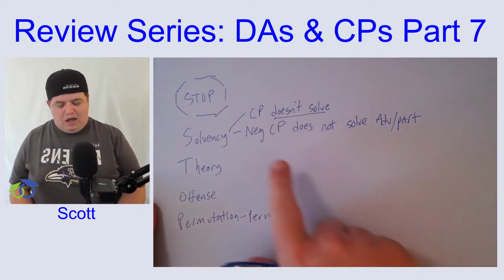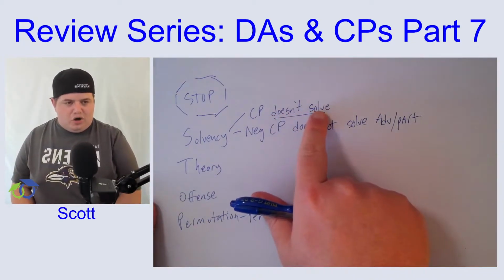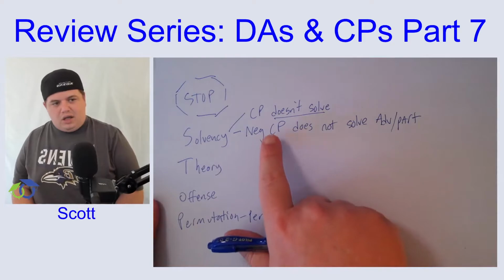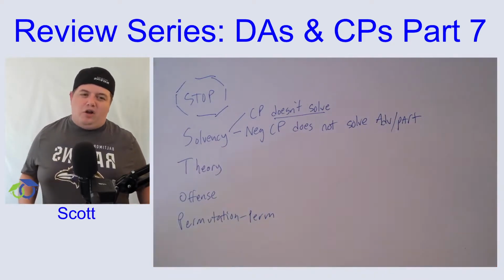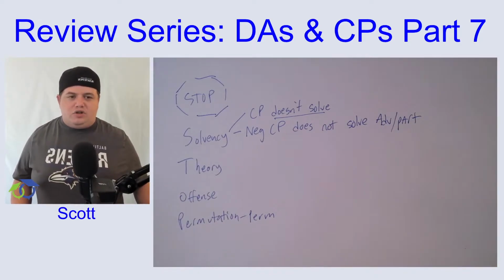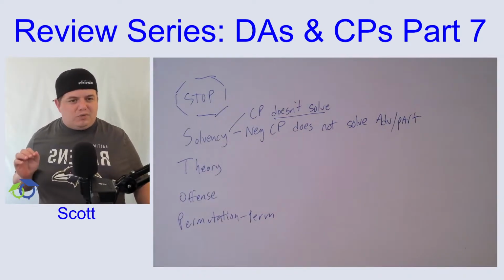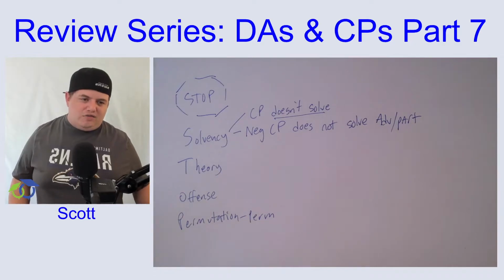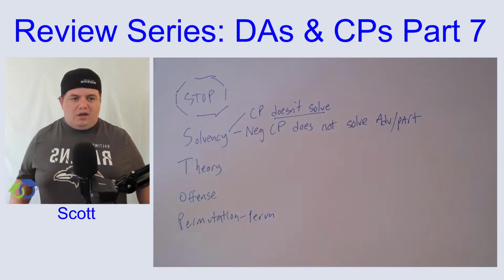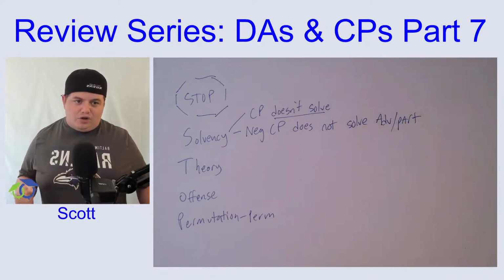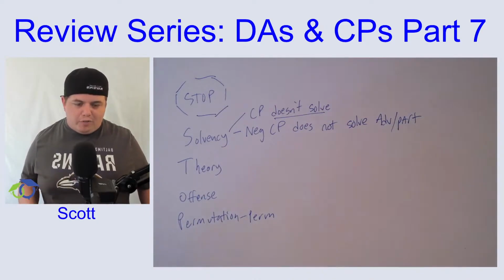That would be the counterplan doesn't solve, whereas the counterplan doesn't solve the advantage part would be like a space elevator doesn't lead to humans inhabiting space in the future because it has failures. So that would be the solvency way that you answer a counterplan. It has no solvency or it does not solve the affirmative.